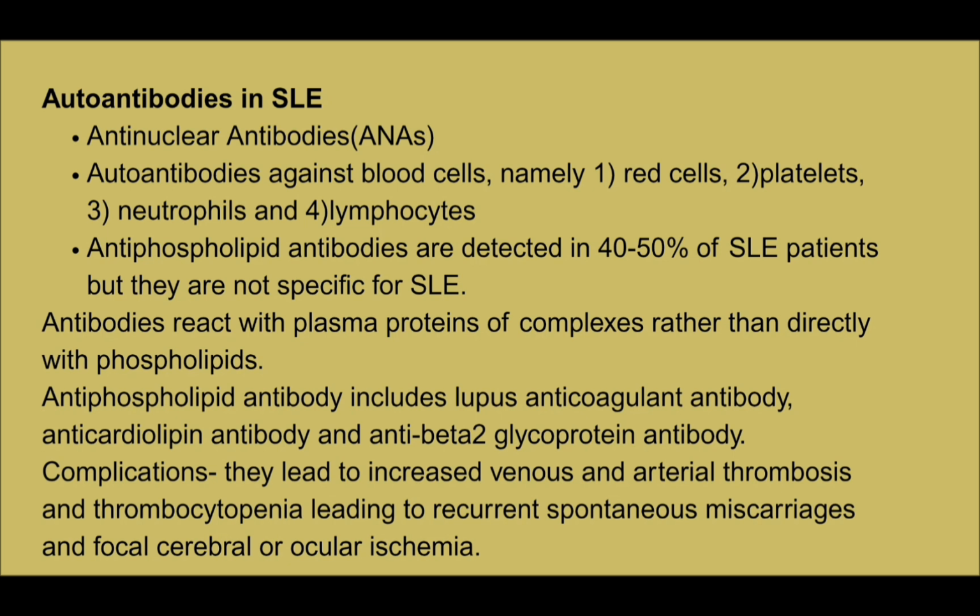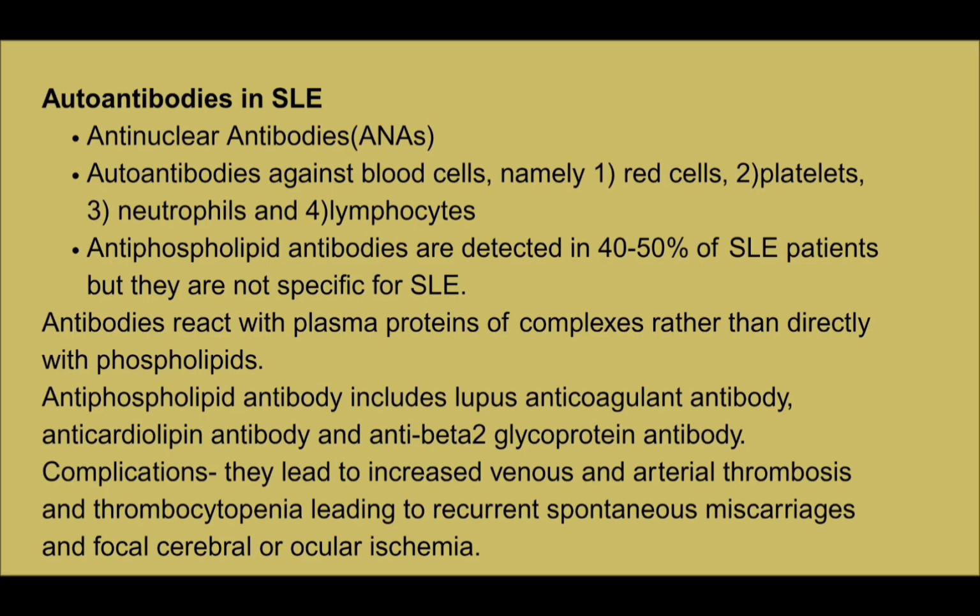The types of antibodies are anti-nuclear antibodies and autoantibodies against blood cells, namely red cells, platelets, neutrophils and lymphocytes. Antiphospholipid antibodies are detected in 40 to 50% of SLE patients, but they are not specific for SLE.